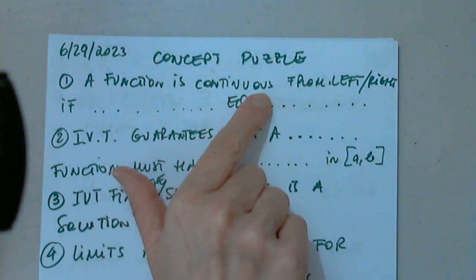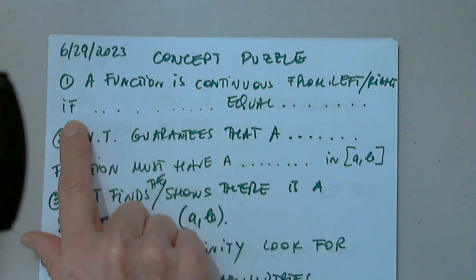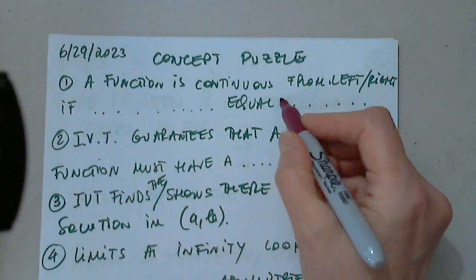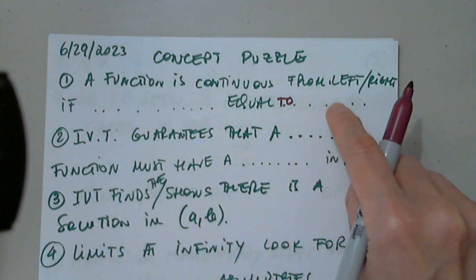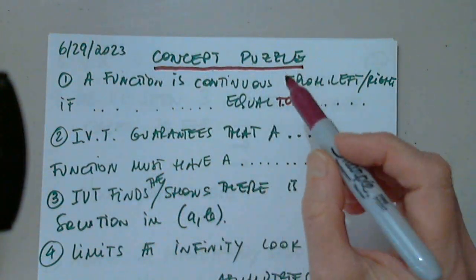A function is continuous from the left or from the right if... it's okay if you're wrong. We are just enforcing the concepts.